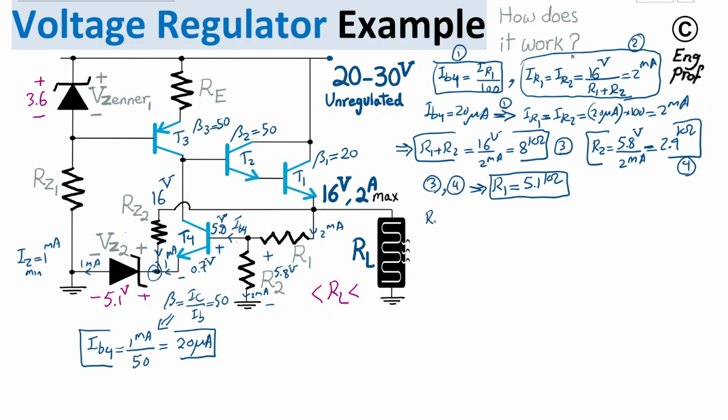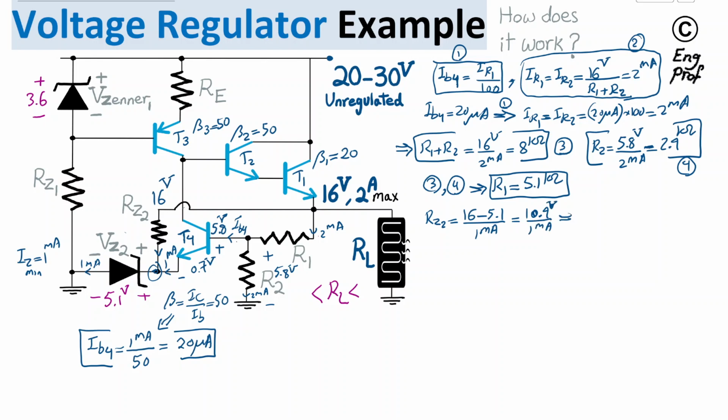I can say, let's set RZ2 in such a way that the voltage drop across RZ2, 16 minus 5.1, divided by the current, 1 milliamp, that is the minimal that I wanted to be there. So I'm setting it that way. So this is now obviously 10.9 volt divided by 1 milliamp.